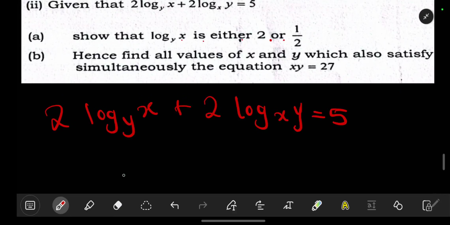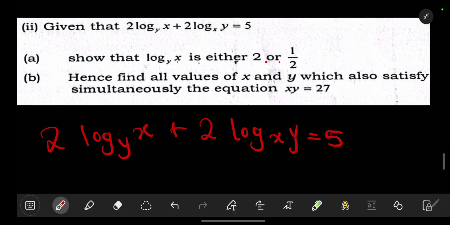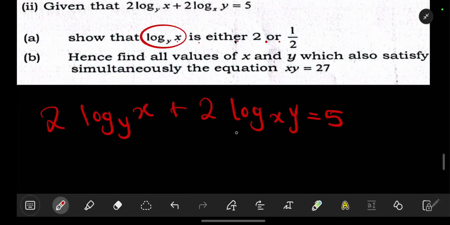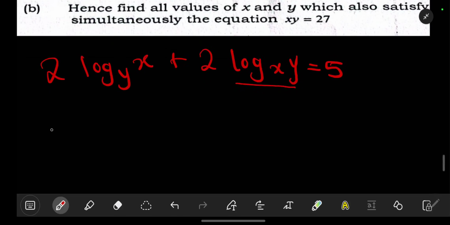So as we can see, they want us to show that the log of x base y, that means whichever is not like this, we need to convert it to that form. So we are going to convert this one. Why this one? Because we want it to look like this. So we have the 2 log of x base y, then we have our plus.